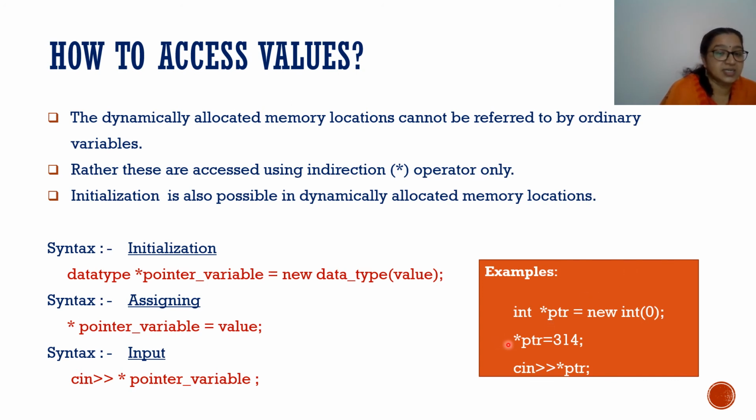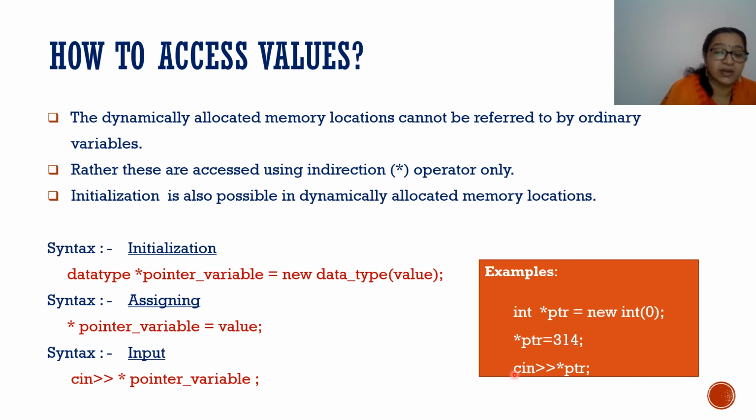And the next one is star ptr is equal to 314. The meaning is that we created one cell through the previous statement, so now we are assigning a value. 0 will be overwritten and we assign 314 to that cell. In the next line, cin star ptr, the meaning is that in the same cell we are assigning a new value.